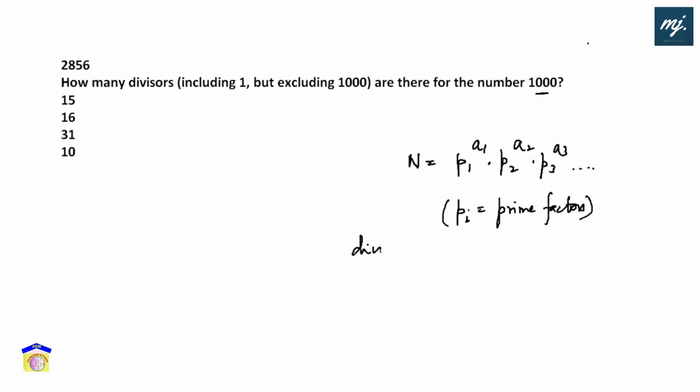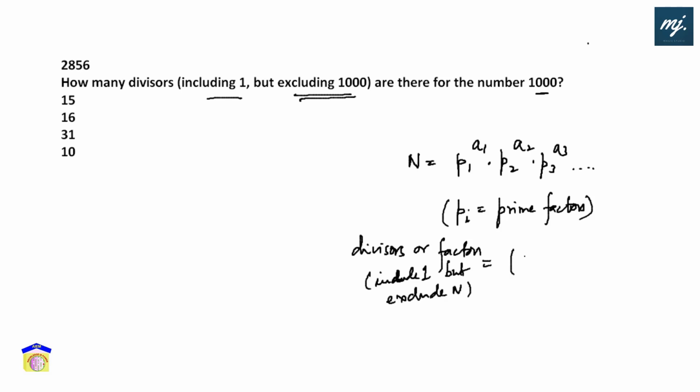Then the number of divisors or number of factors which include 1 but exclude n is given by a1 plus 1 into a2 plus 1 into a3 plus 1, minus 1 at the end.